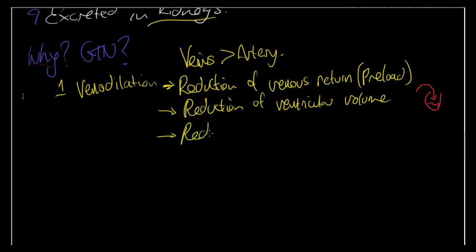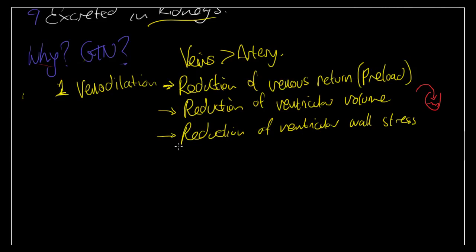A reduction of ventricular stress. This is important because these are very important factors when we talk about stroke volume. Stroke volume depends on preload, tick. It depends on afterload, which we'll talk about in a second. And it depends on contractility, which is part of our ventricular wall strength.